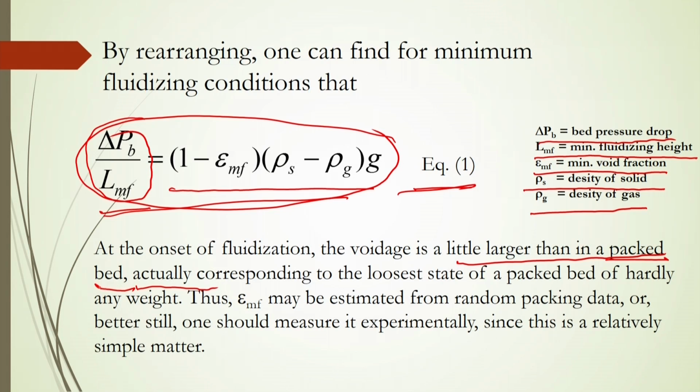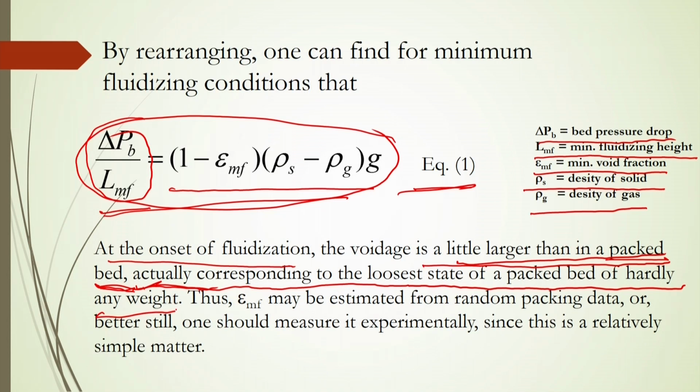At the onset of fluidization it is a little larger than in a packed bed, almost equal, a little bit higher, but you can neglect it and directly consider the porosity or void fraction in the packed bed condition, corresponding to the loosest state of the packed bed with hardly any weight.